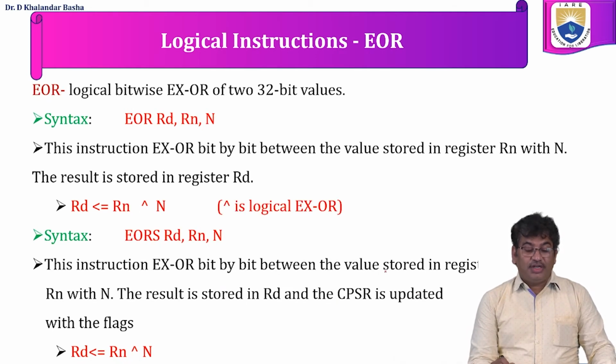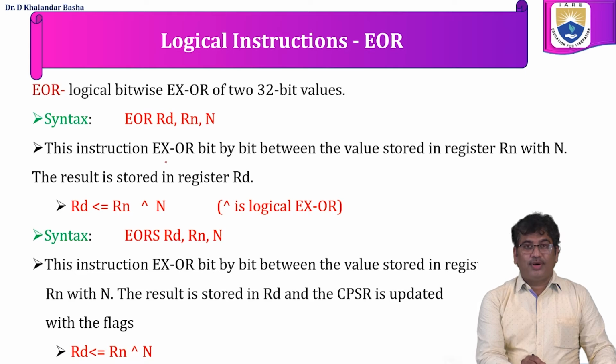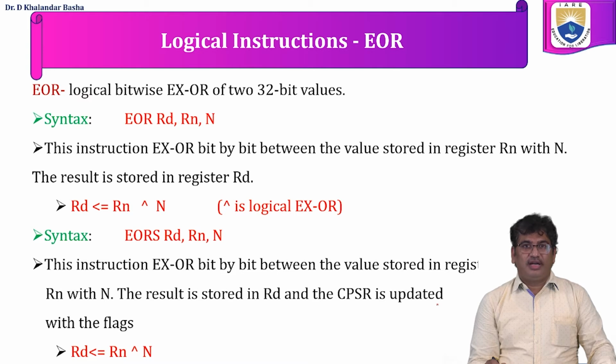The next instruction under logical instruction is EOR, which is logical bitwise XOR of 2 32-bit values. The syntax of the instruction is EOR Rd, Rn, N. This instruction performs the exclusive OR bit by bit between the value stored in the register Rn with the value N. The result is stored again in Rd register.